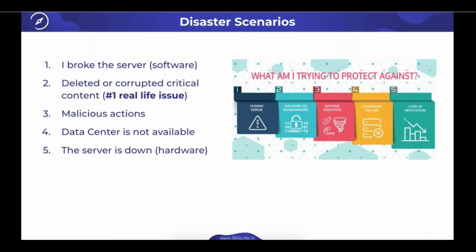So when that happens, assuring business continuity is critical. And then the server is down, you might have a hardware failure, a disk that does not work anymore, regular wear and tear on those kinds of components. Obviously, it does happen, and you need to be safeguarded from those particular situations.